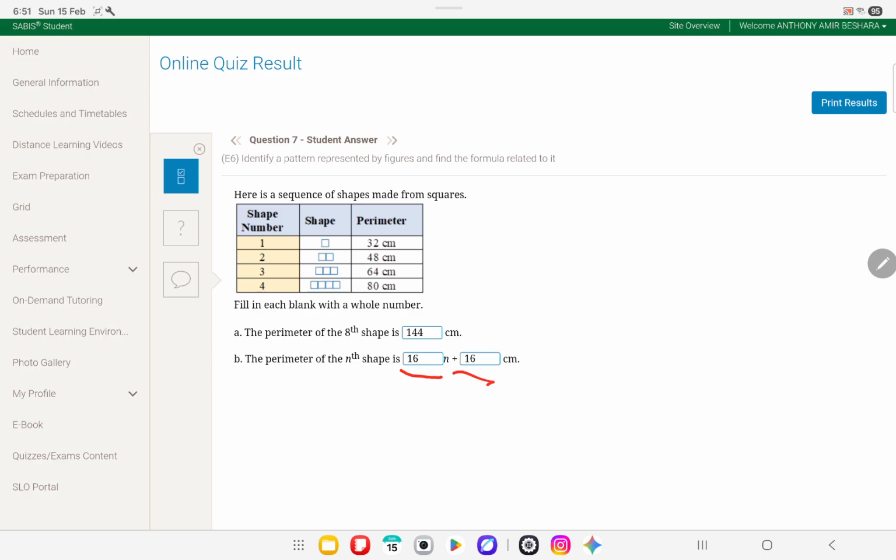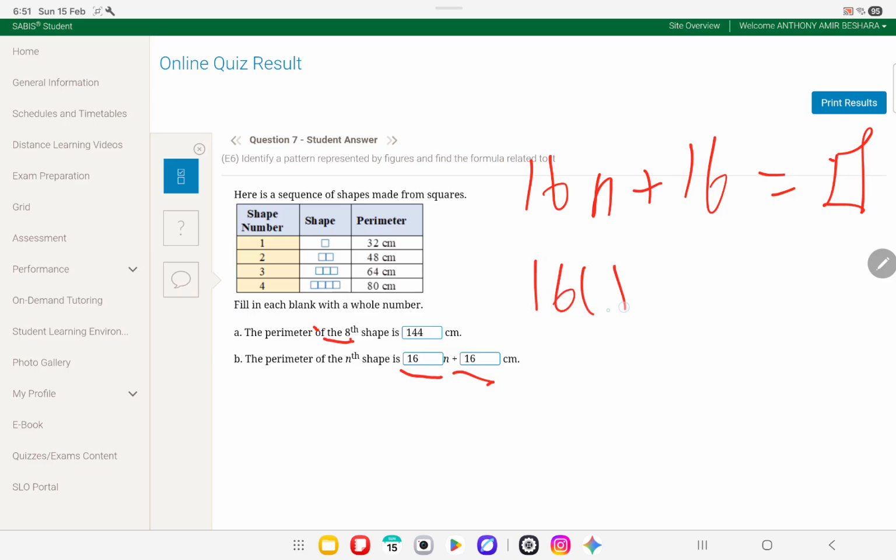So what do we do? We just substitute into the perimeter of the 8th shape, right? We have 16n plus 16 equals the box. N is 8, as I said here. So we do 16 times 8 plus 16. 16 times 8, let's write it down. 8 times 6 is 48, 8 down, 4 up.